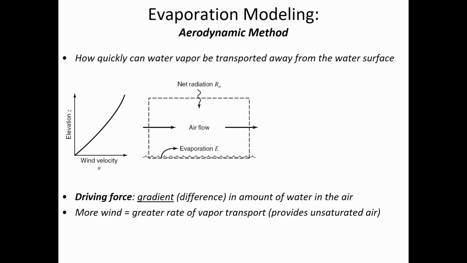That is, when you are immediately in contact with some surface that isn't moving, then the fluid above it also is not going to be moving. But then the further away you get from that stationary surface, the velocity increases. So the more wind you have, the greater the rate of vapor transportation can be, because it's the wind that's providing air that's not saturated.